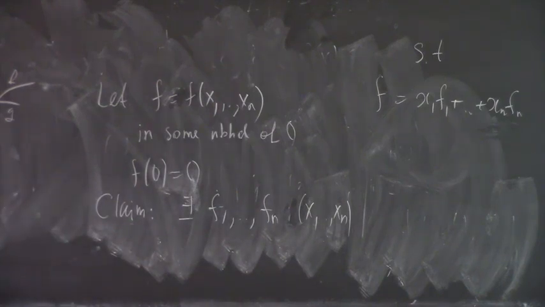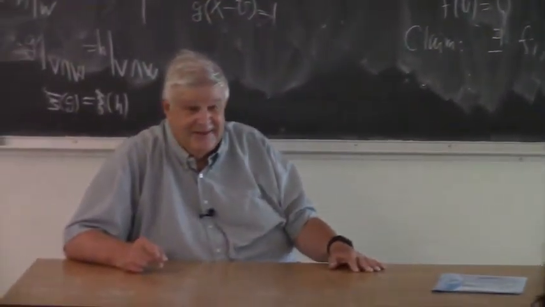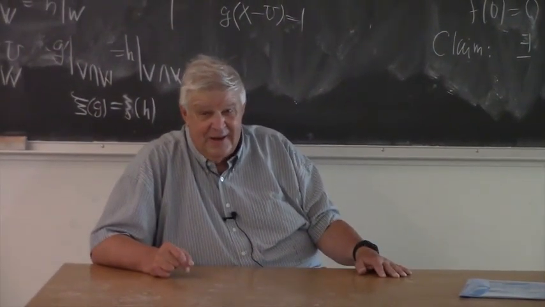Is the statement clear? Is it believable? Certainly yes, if function f is equal to this, it is 0 at 0. Who can have any doubts?